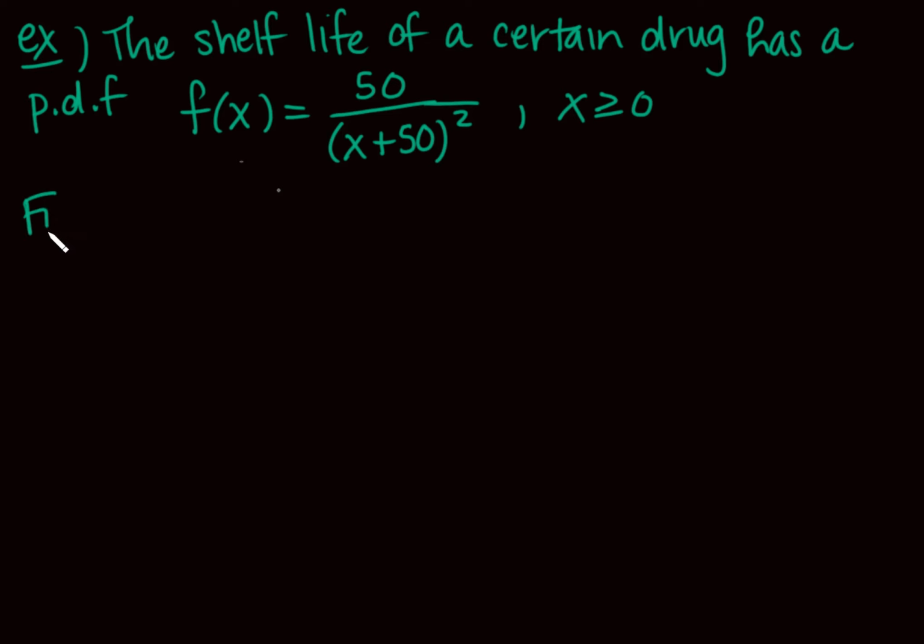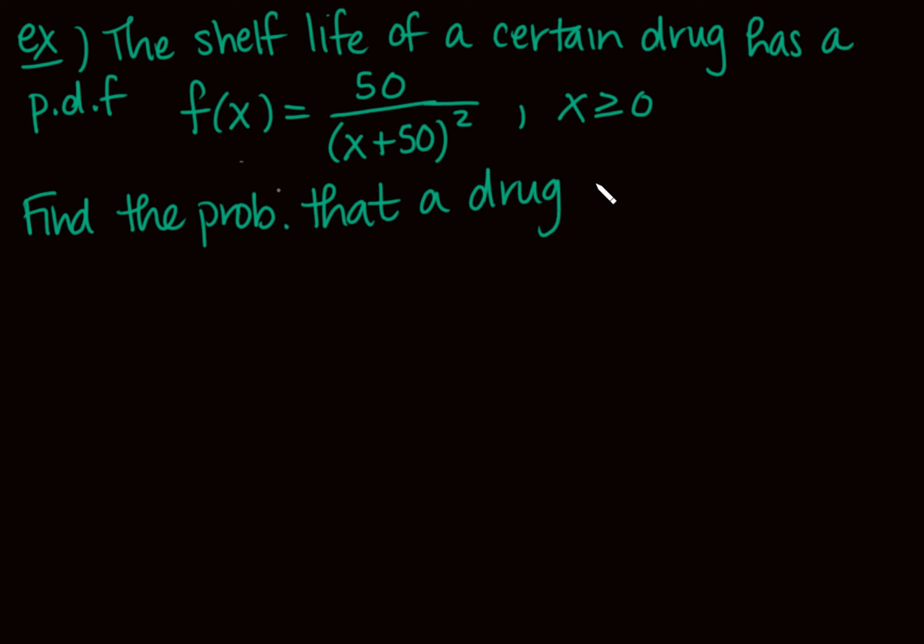So find the probability that a drug selected at random has a shelf life of... And again, this is a continuous random variable because if I just select a drug at random, it could really have any shelf life greater than 0.